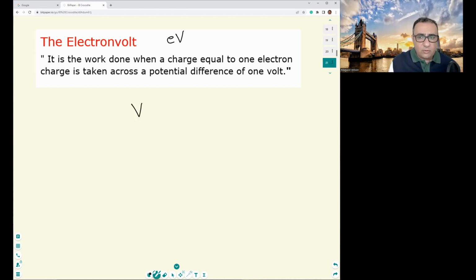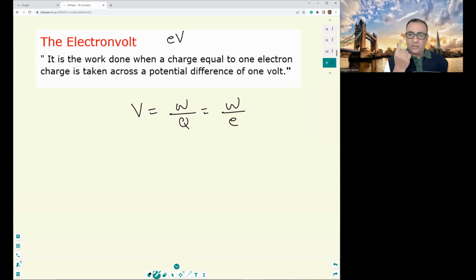The definition of voltage or potential difference is W, work done, over Q. Instead of Q, I'm going to say I have only 1 electron. So the charge here is the charge of only 1 electron, and we call it the fundamental charge, which is actually the smallest charge that exists in matter.